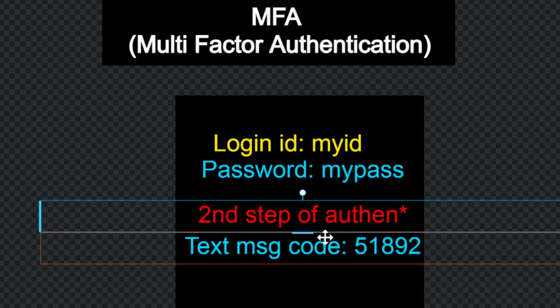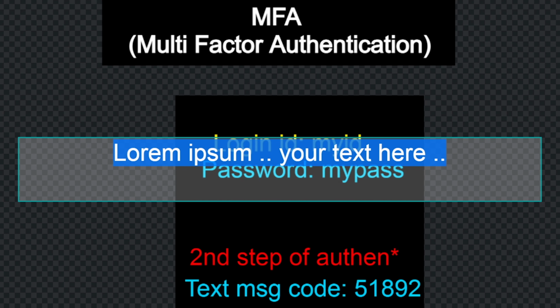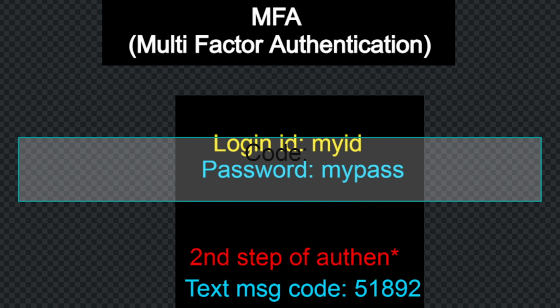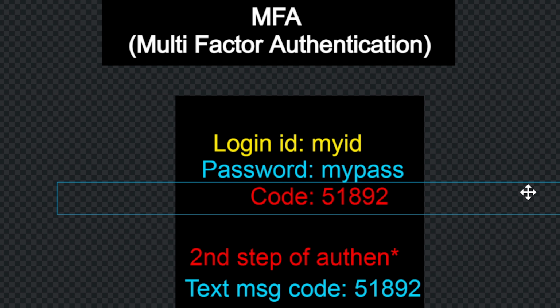And that step is to get a code, a text message code from your phone, which is then used to type in as a second verification. So you get this text message code, and then now you use it on the website. I'm going to just type in code, and then here you would type in 51892 for an example.